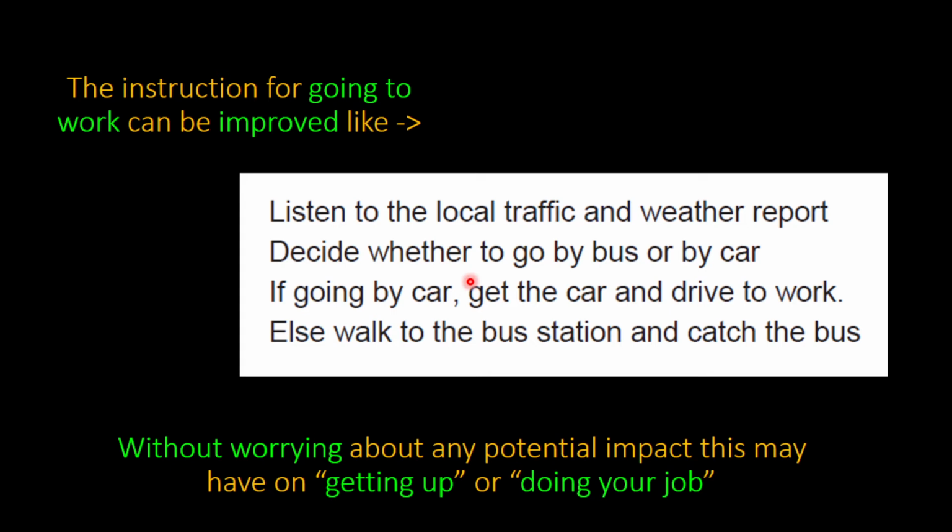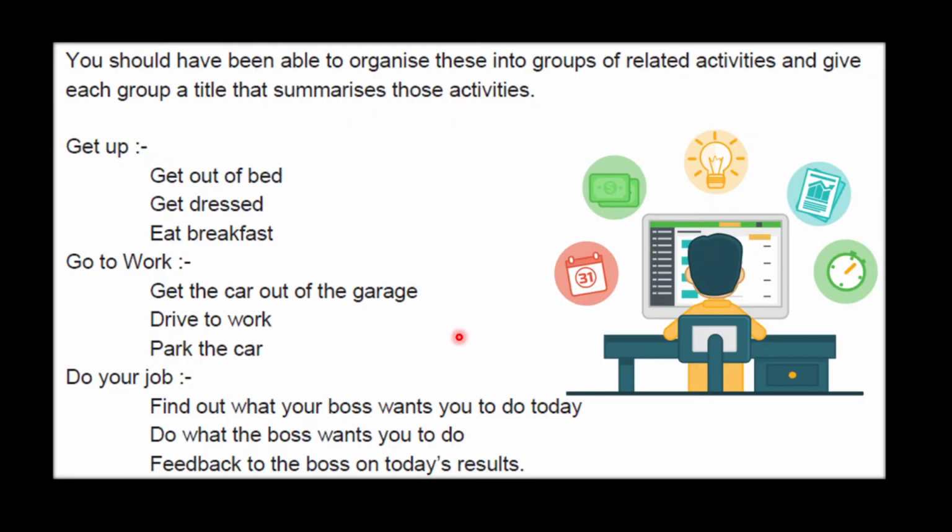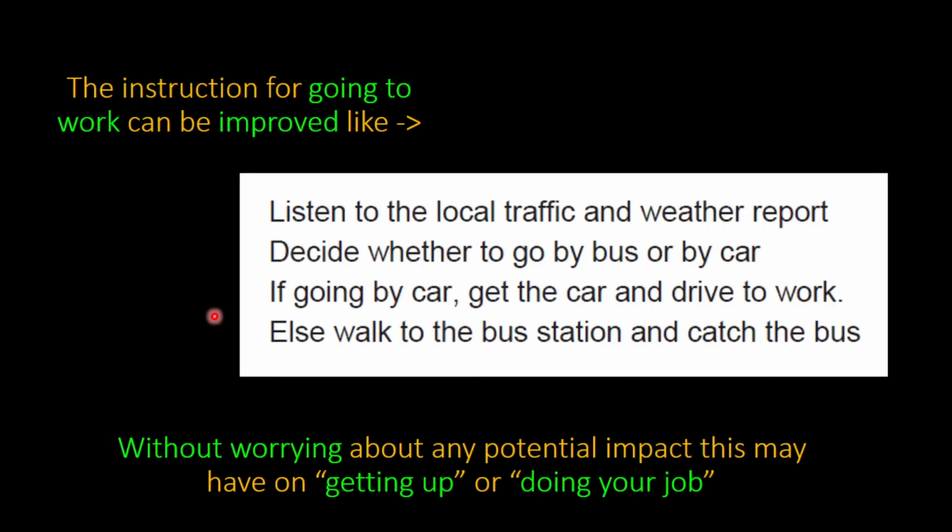If I'm going by car, I can just drive to work, or else walk to the bus station and catch the bus. So this activity of going to work can be improvised, but still it has to be arranged in some kind of order so that I can follow it one after the other, so that it leads me to a proper way of execution and doesn't worry about the previous order.